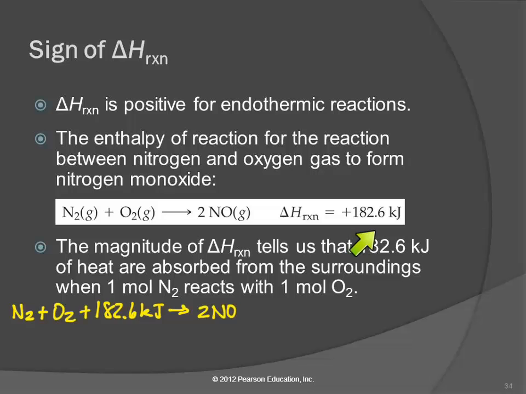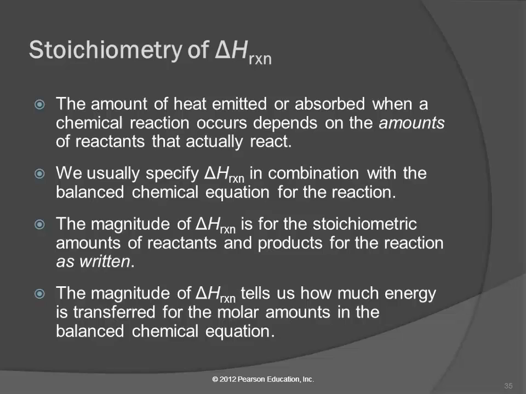The amount of heat depends on the amount of stuff, right? That makes sense? So this is specified to correspond to molar amounts in the equation. Forgot about this slide.